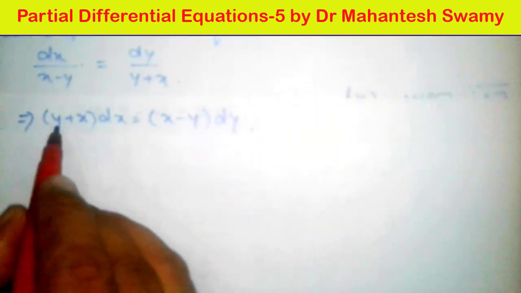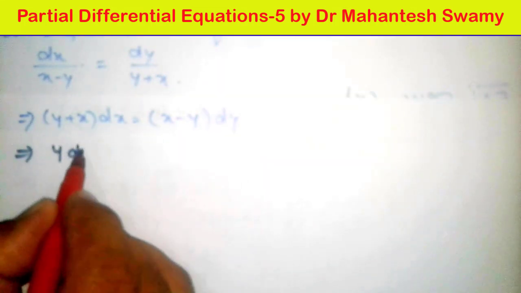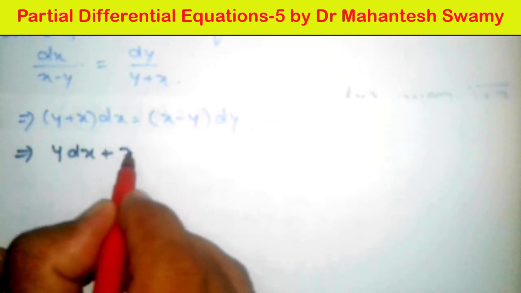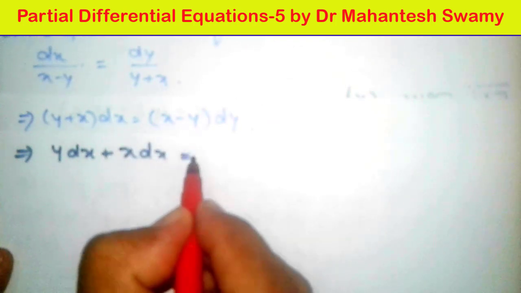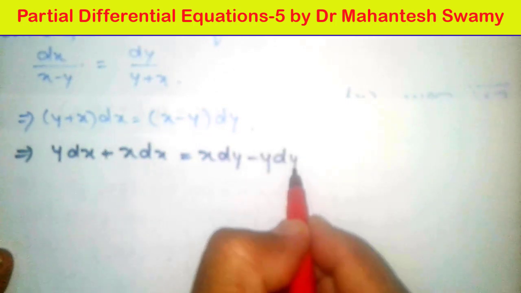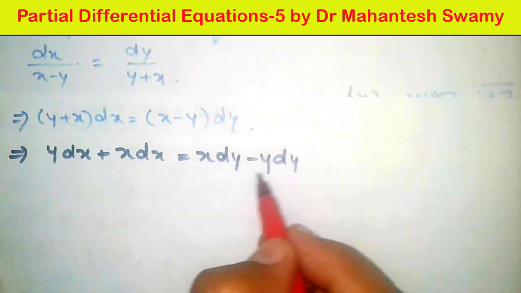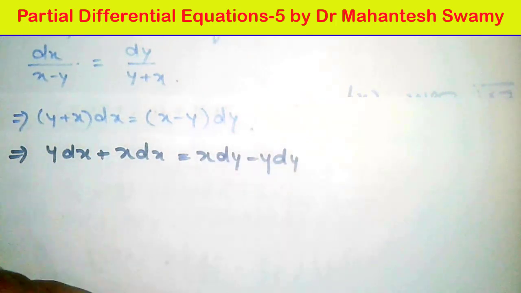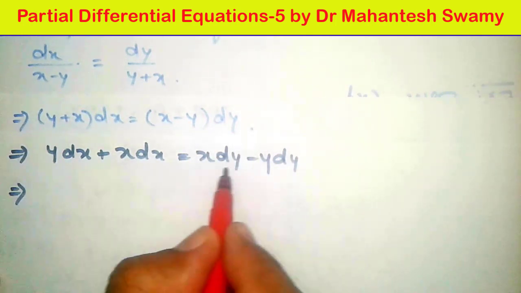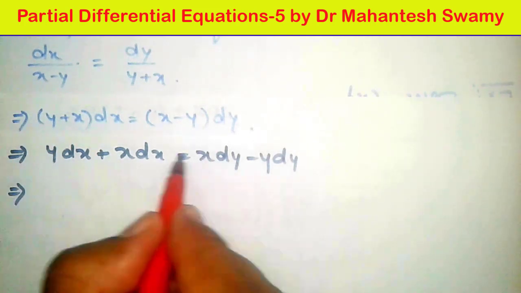Now let us multiply these two brackets, that is y dx, we are getting here y dx plus x dx equals x dy minus y dy on the right hand side. Now we observe that it is better if we take this entire thing to the left hand side. So this x dy, when we take it to the left hand side, becomes minus x dy.